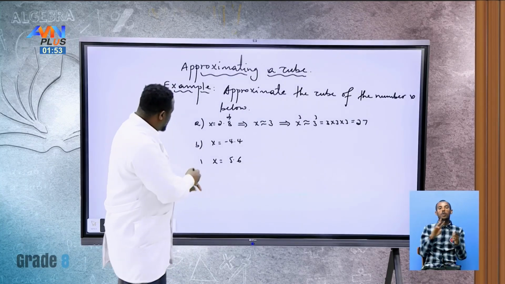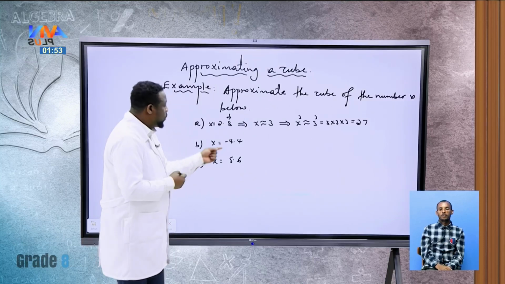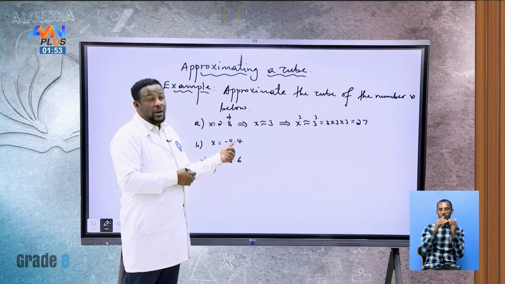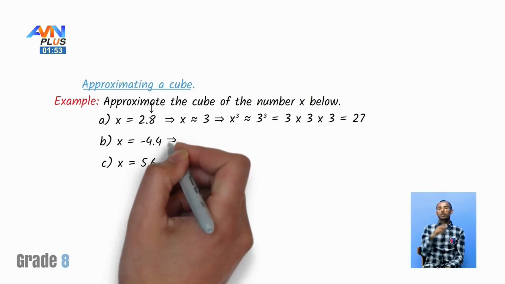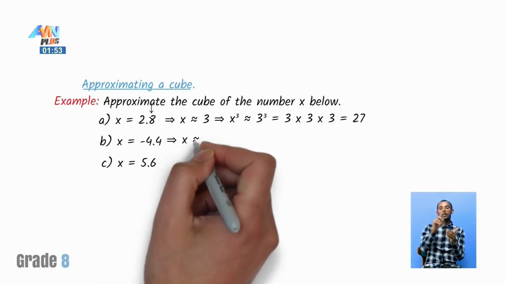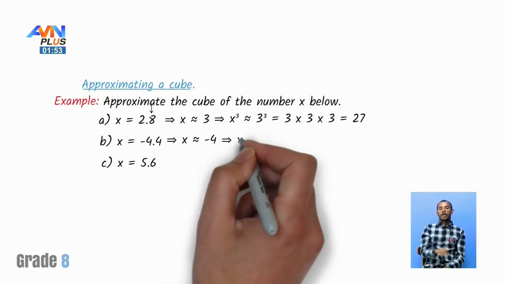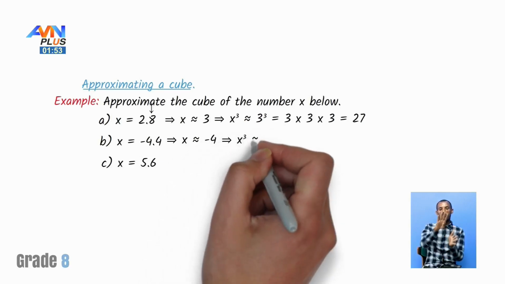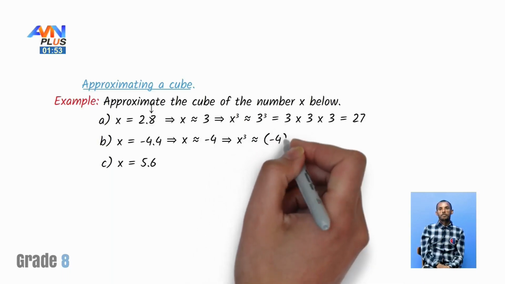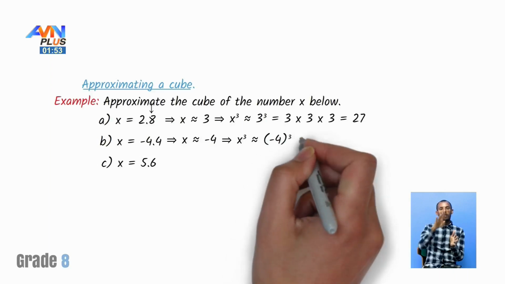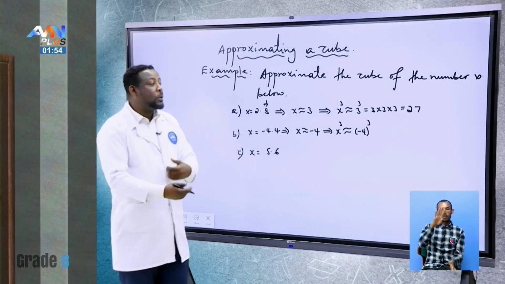When we come to the second part, we have x is equal to minus 4.4. Using rounding off, x is approximately negative 4. So x cubed becomes negative 4 cubed, which is approximately minus 4 to the power of 3.